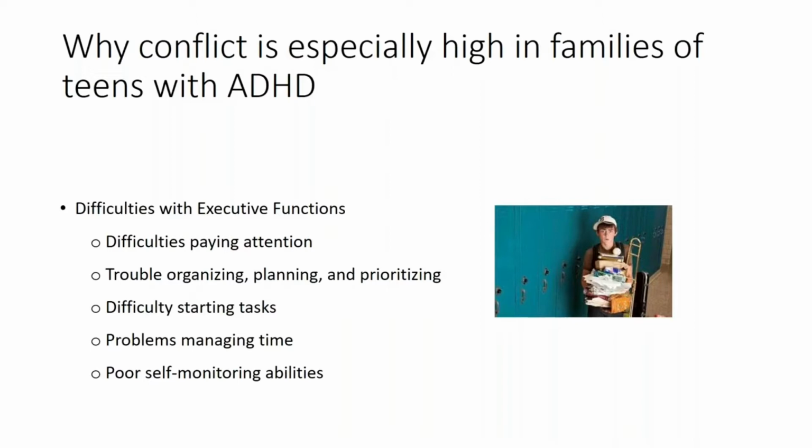And so these things often lead to a lot of frustration and feelings like their kids aren't trying or that they're being disrespectful, when in reality, these underlying difficulties of executive functions are an area that typically is about 2 to 3 years behind typically developing peers without ADHD.